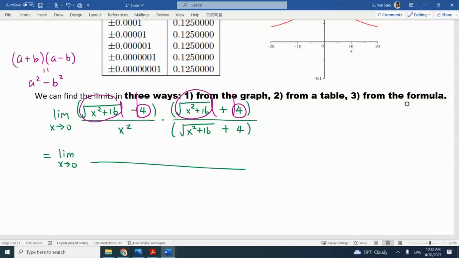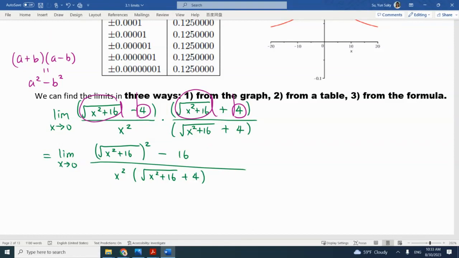Do you see the numerator? You get a squared minus b squared. So your a squared will be the square root of x squared plus 16, squared, minus, what's your b? Yeah, minus 16. And your denominator, just keep it. So far, so good, everybody?